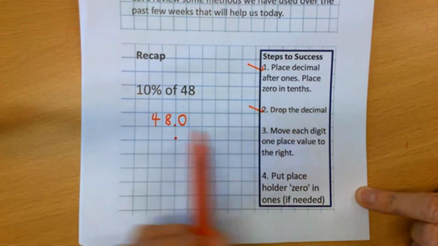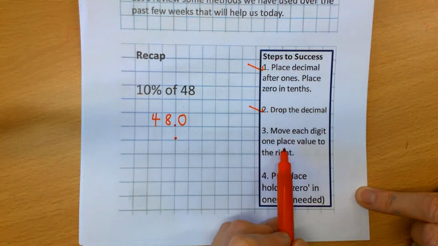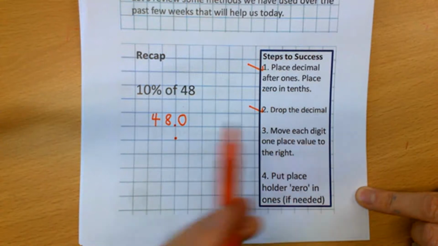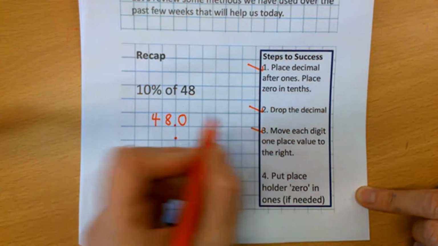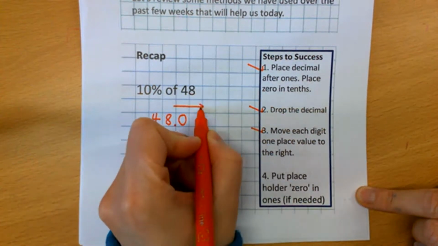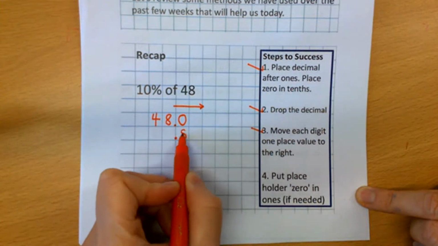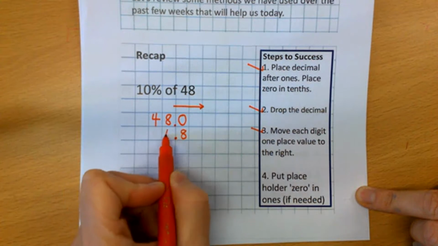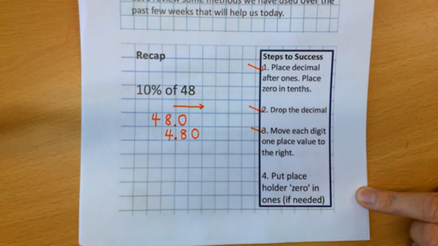And because I'm dividing, I need to move each digit one place value to the right, which means that our number is going to get smaller. So I'm going to move them in this direction, 8, and then I'm going to drop this one, 4, 1 here, and I can place the 0 at the end.